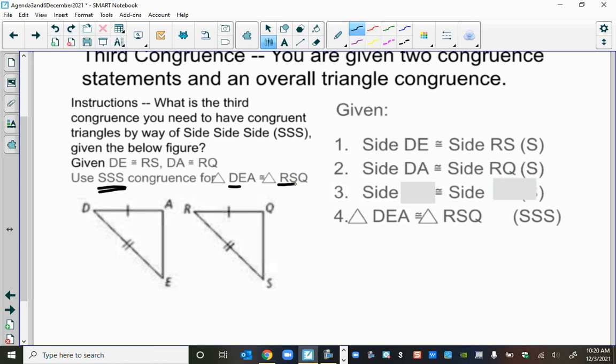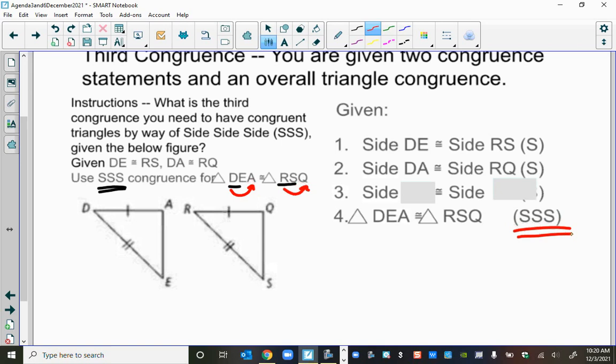And then they said D to A, R to Q. Well, this one's rather easy. We want side, side, side. So we need a side, so we can figure out what side on the left triangle is congruent to what side on the right triangle.